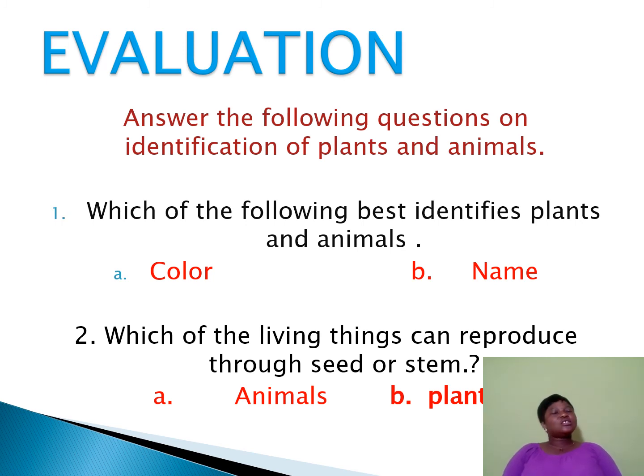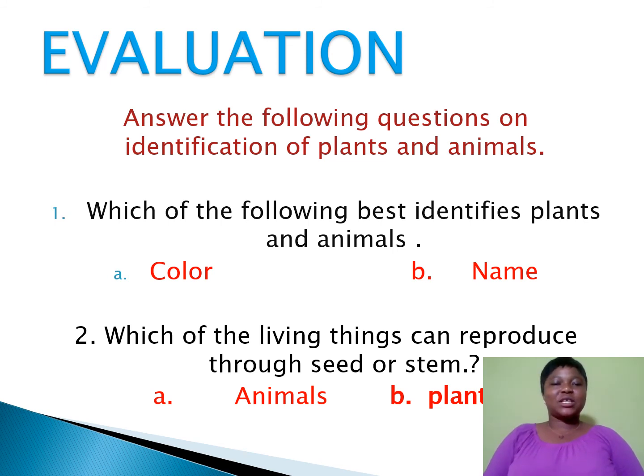Good. So let's take our pencil and exercise book to write the following questions down, okay? Good. So evaluation. We are going to answer the following questions on identification of plants and animals.